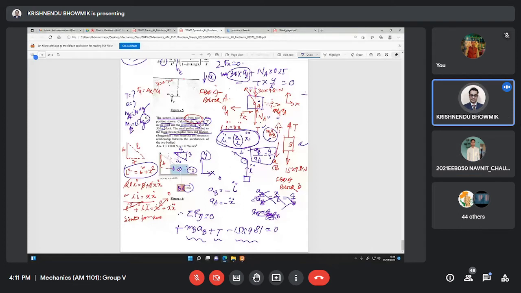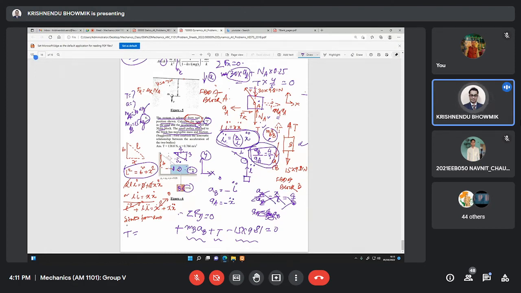So now, if you solve this carefully, then you will get the T value. And you also have to utilize the relationship that the ratio of the accelerations of these two is 4 by 5.